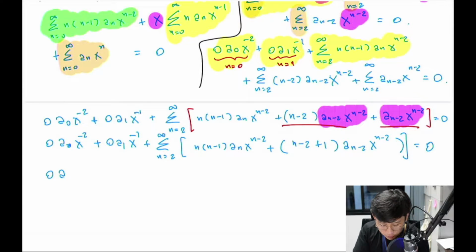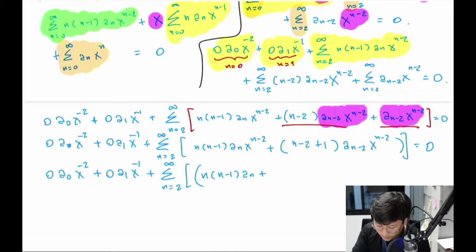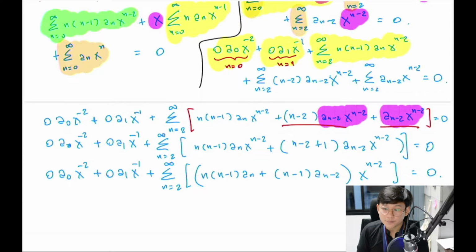So I get 0·a0 x^{-2} plus 0·a1 x^{-1} plus summation n from 2 to infinity of (n minus 1 a_n plus n minus 1 a_{n-2}) x^{n-2} equals 0. Okay, and this is what we have.